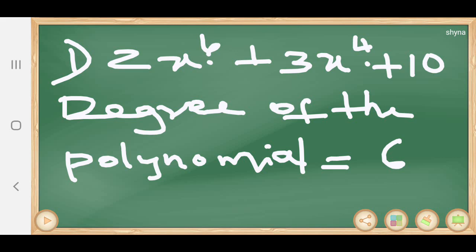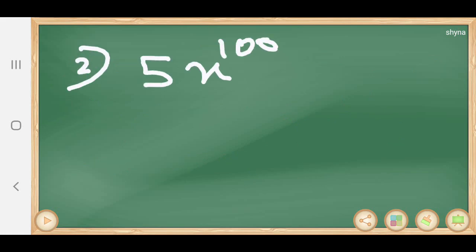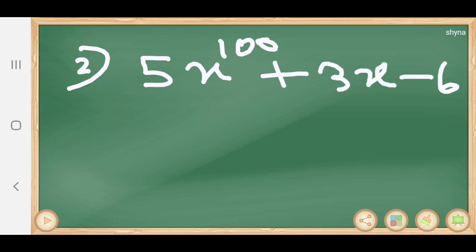Second example: 5x raised to 100 plus 3x minus 6.